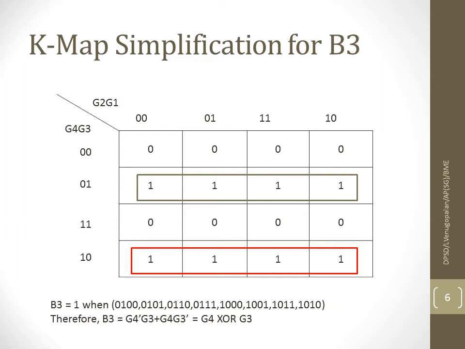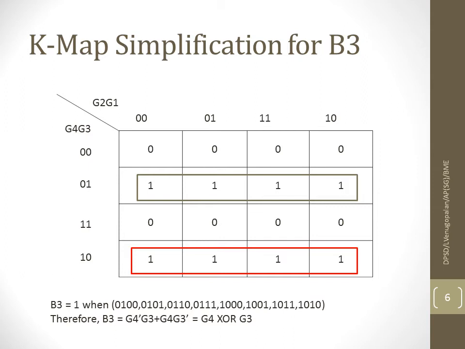So if I populate my K map here, I see that row number 2 and row number 4 are ones. Please pay attention to how I have populated the K map. I've taken G4 and G3 as the rows and G2 and G1 as the columns. Like I've said before, in K maps it's not mandatory that you take G4, G3, G2, G1. You can take it in any sequence that you like.